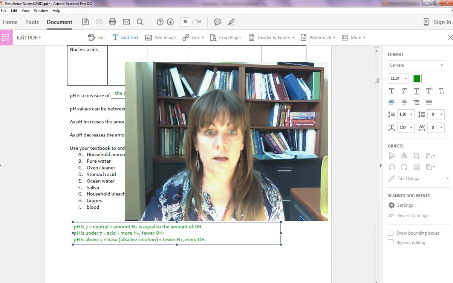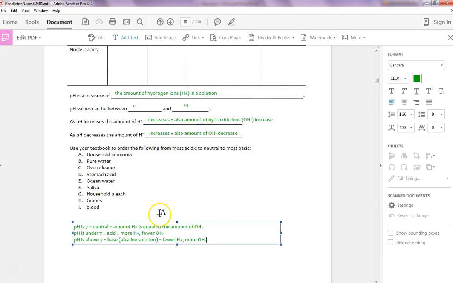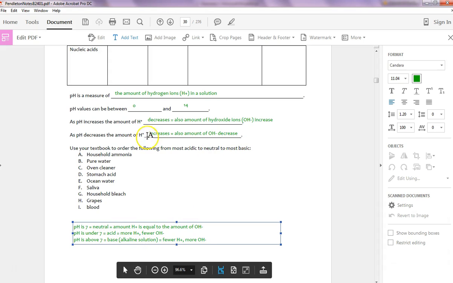Now there's a couple of activities here in your notes. Here are some different liquids, and your book can help you out. You should arrange these from most acidic to neutral and then most basic. The closer a number is to 7, the weaker the acid.